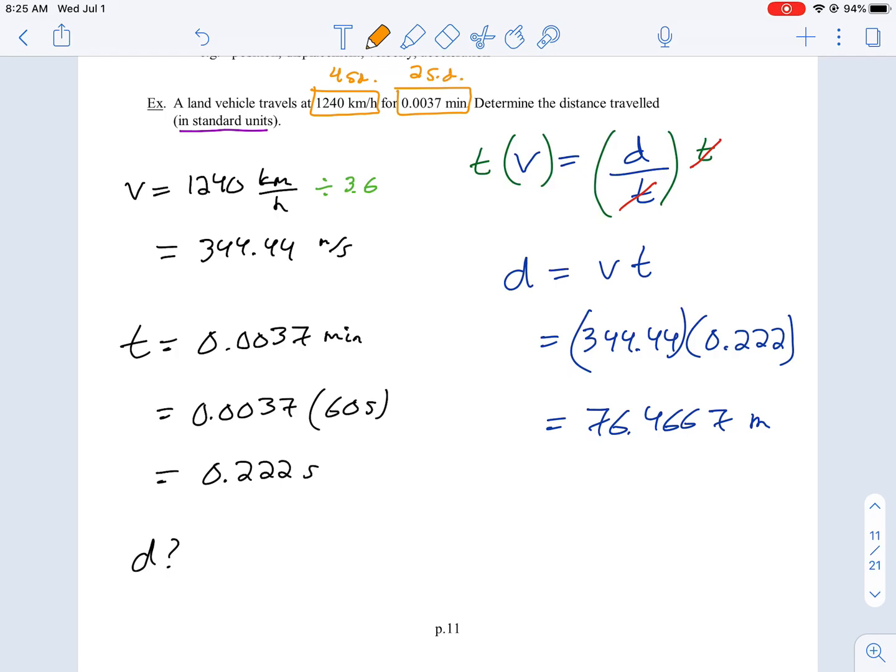You have to go with the smallest number of sig digs, so therefore this number can only have 2 significant digits. Last question, do we round this up to 77 or not? Because the next number here is a 4, it's less than 5, you do not round this up. This becomes equal to 76 meters. Done.